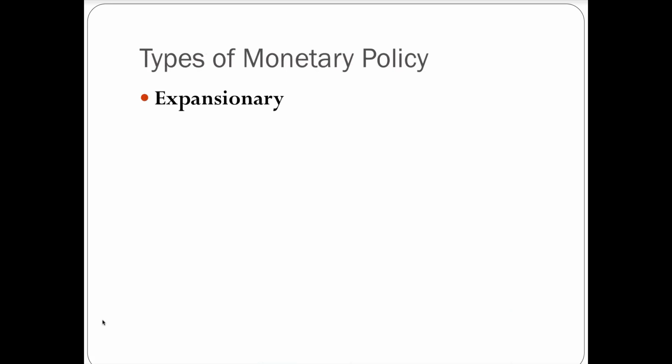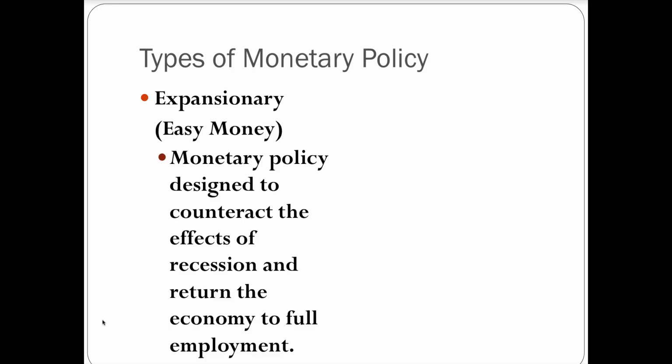So there are a couple types of monetary policy. The first one is expansionary monetary policy. This is also known as easy money. This is going to increase aggregate demand. This is monetary policy that is designed to counteract the effects of recession and to return the economy to full employment. Here, the money supply is going to go up.